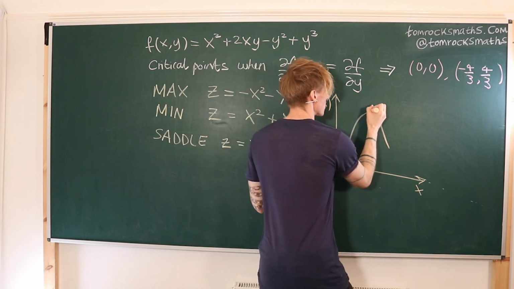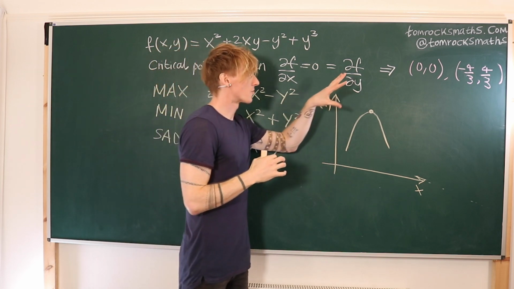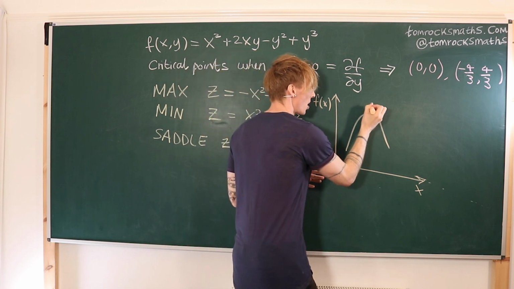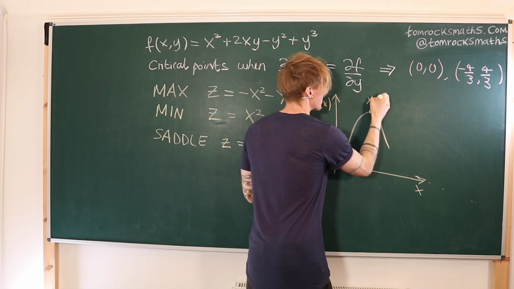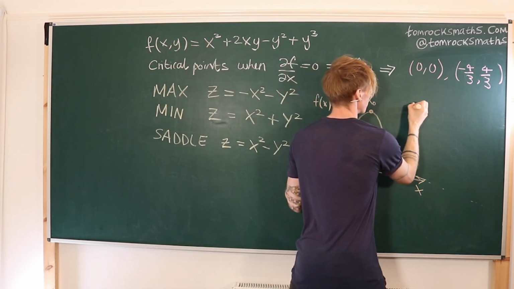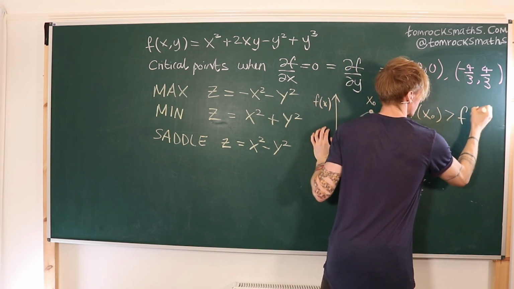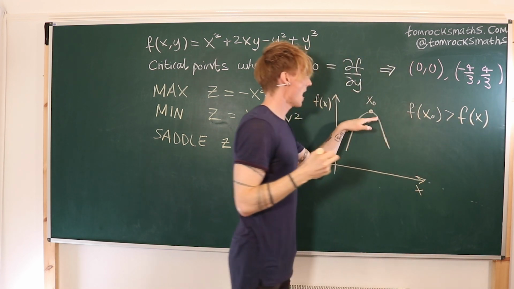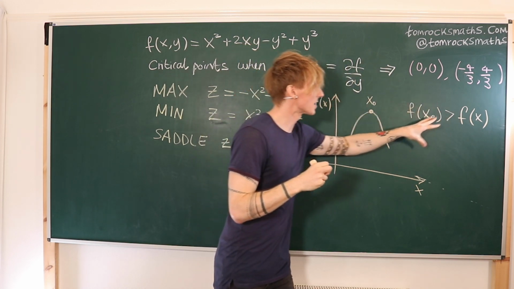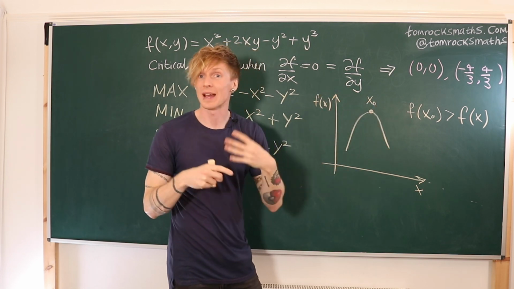The maximum occurs on the very peak of our hill or mountain, and the reason this is a local maximum is that this point on the top, let's call it x0, has a value of the function, f of x0, that is greater than any other value of the function f of x, provided x is close to x0.